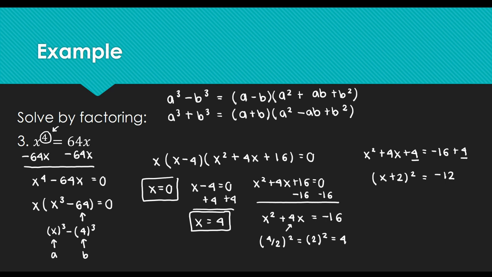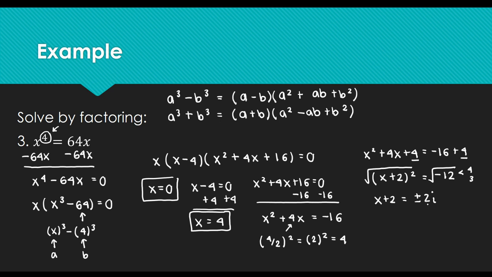Now, because I have this squared term isolated by itself, I can take the square root of both sides. That gives me x plus 2. Because I took the square root, that gives me 2 solutions, both a positive and a negative. Because there's a negative number under the square root, I know that I'm going to have an imaginary number. Notice 12 is not a perfect square, but it is 4 times 3, and 4 is a perfect square.